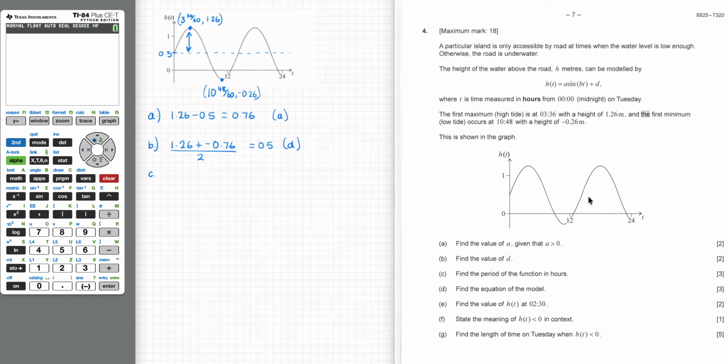Okay, so I now have the value of A and the value of D. And then part C is to find the period of the wave. So if I'm measuring the period, I can go from the full length of the wave. Now, what I could do is go from the maximum to the minimum, find that distance there, and then I could multiply that by 2 to find the full distance or the full period of the wave.